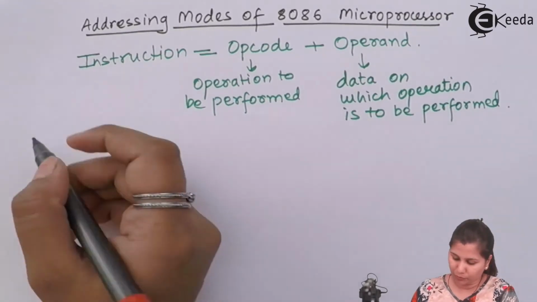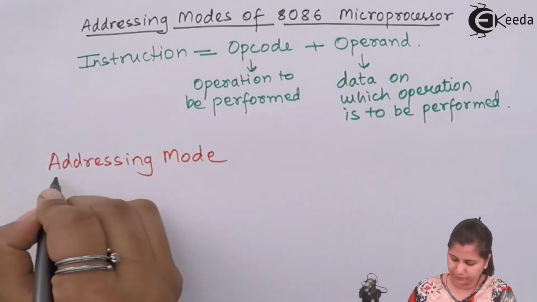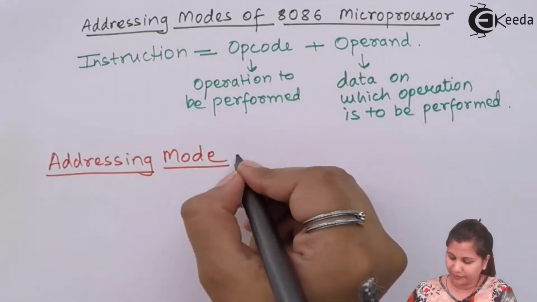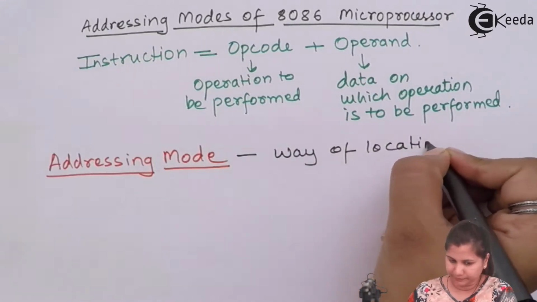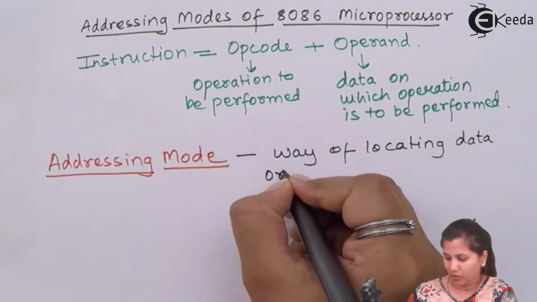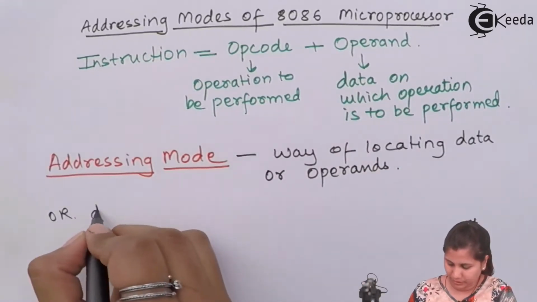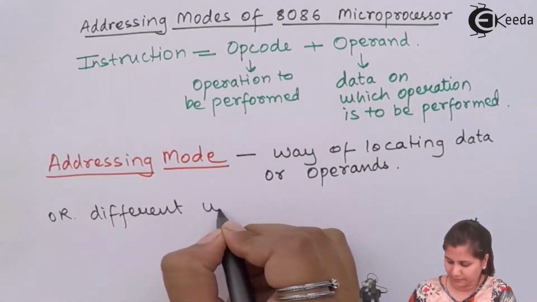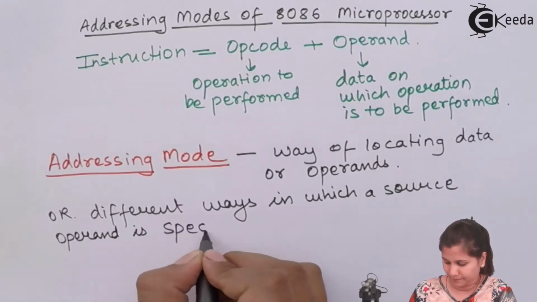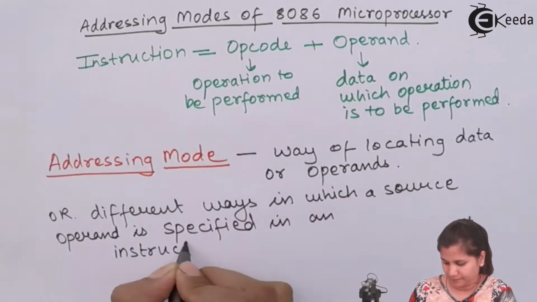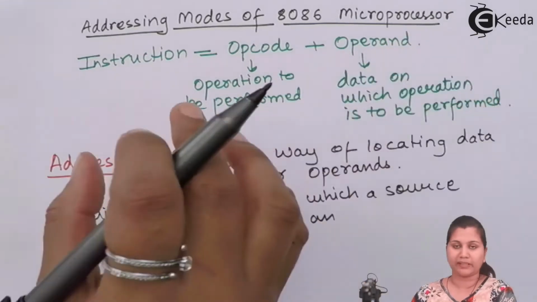So if we define addressing mode, it is the way of locating the data or the operand, that is, how the data is specified in the instruction.